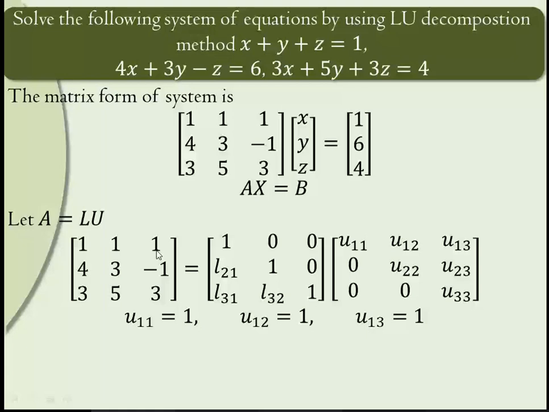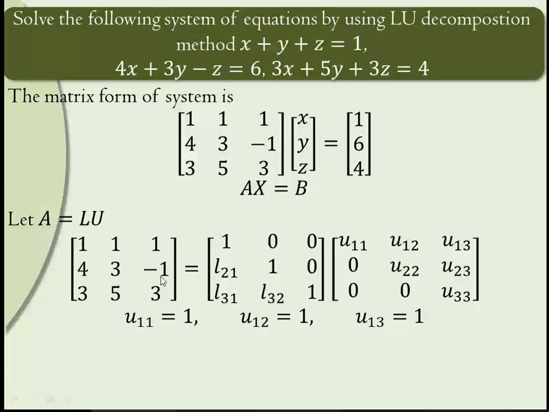Now take the second row first column and equate it with the second row first column element. Then take the second row second column, multiply the corresponding elements, and equate with the second row second column element. Then the second row third column, whatever equation we get, equate with the second row third column element of this matrix.